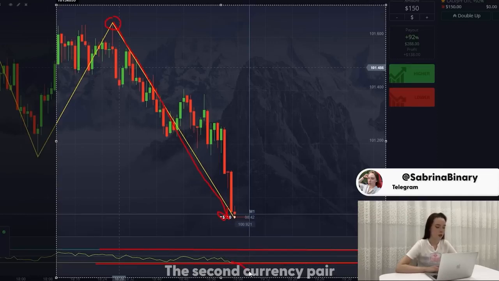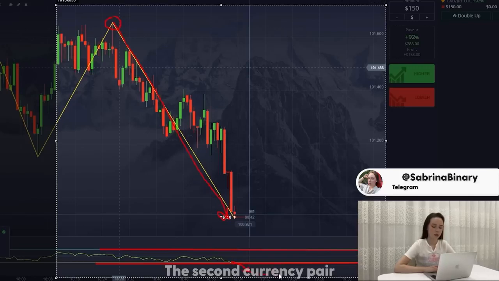This also works in the opposite direction. Well, when the indicator doesn't go out of the boundaries but moves within them, you should just look at the direction. If it's up, it's a buy. If it's down, it's a sell.